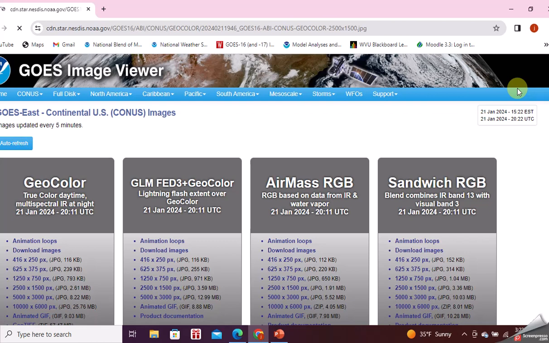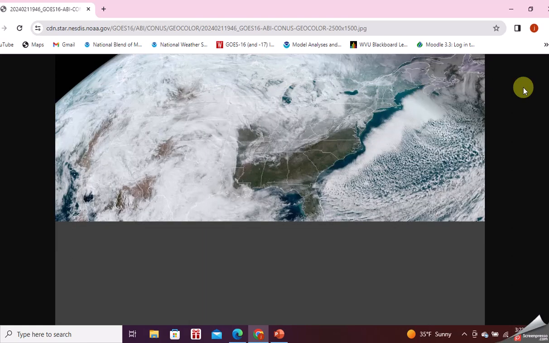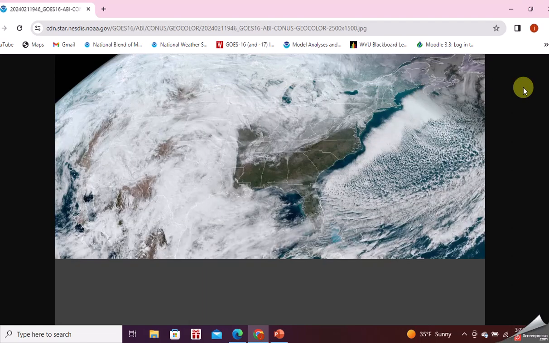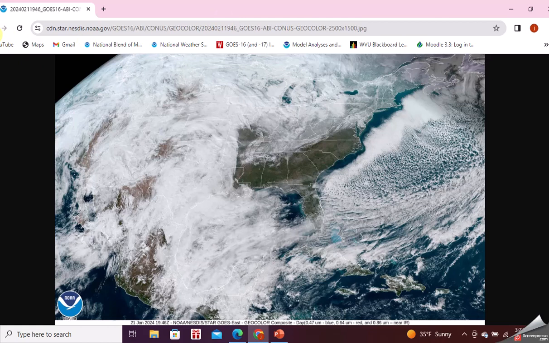And I wanted to just show you some options here that are available for GOES East. We have lightning, and you can look through these later.